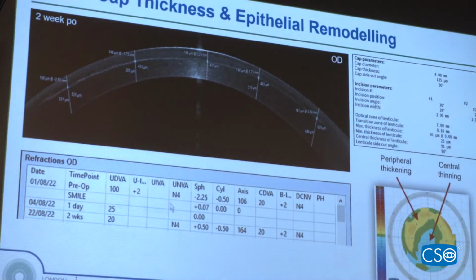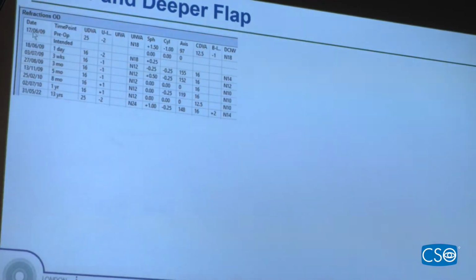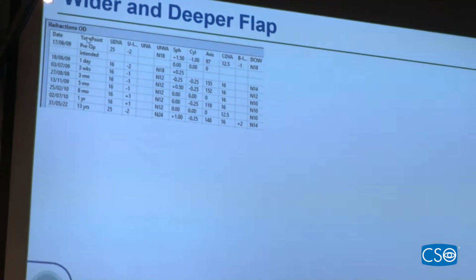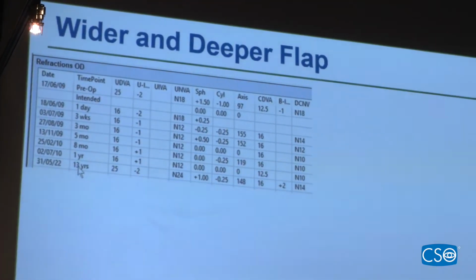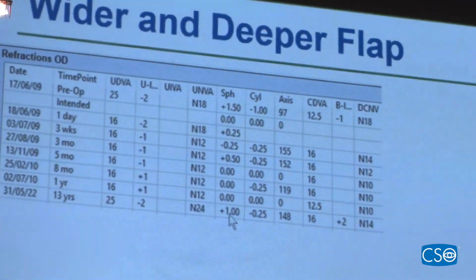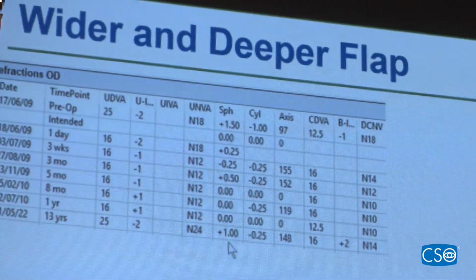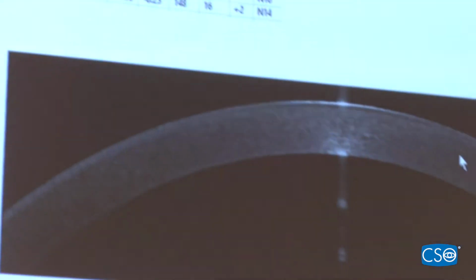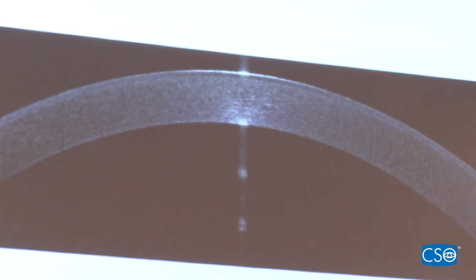So this is someone who in 2009, I did a hyperopic correction in this eye, and the patient was exactly on target at 1 year, and he came back at 13 years post-op, a little bit hyperopic again. I know most people take clear lenses out, but everyone here knows my view on clear lens exchange. And so here's the map. Not often with OCT can you see the interface, but you can sometimes, and in this case we could.